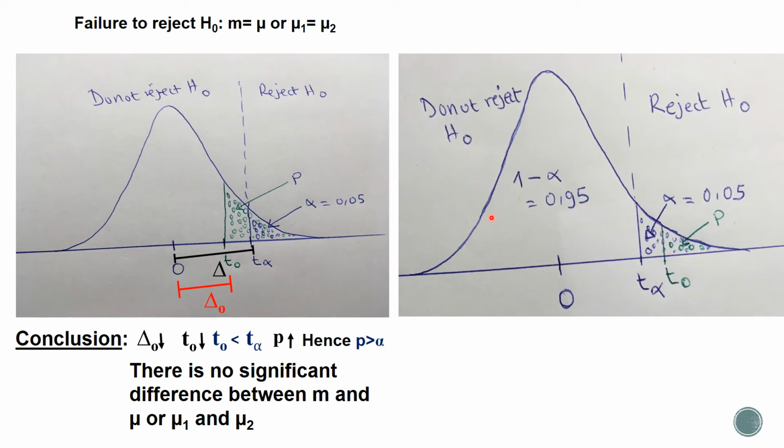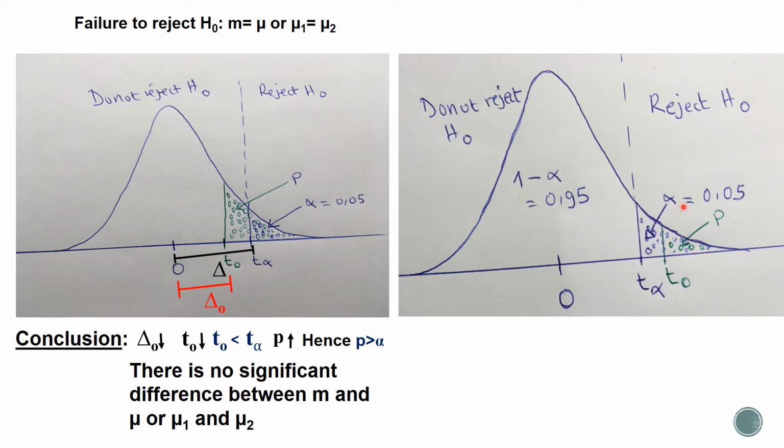So if the observed statistic falls within this zone, we are not going to reject the null hypothesis, as we've shown here. But here you can see that the observed statistical value is actually greater than the theoretical value. And because it's greater, as I said earlier, when t increases, the p-value decreases. So p becomes less than alpha.